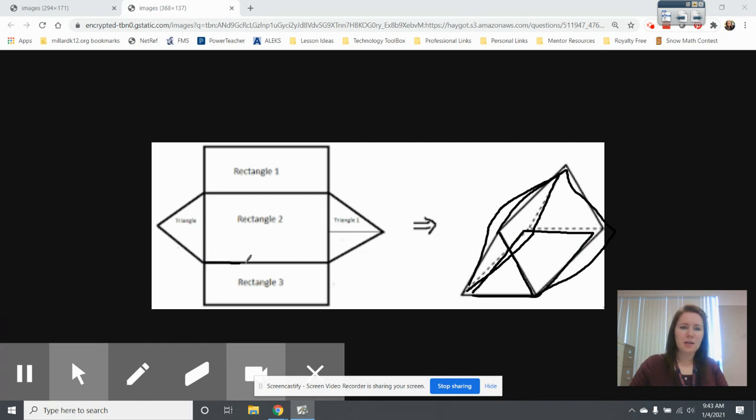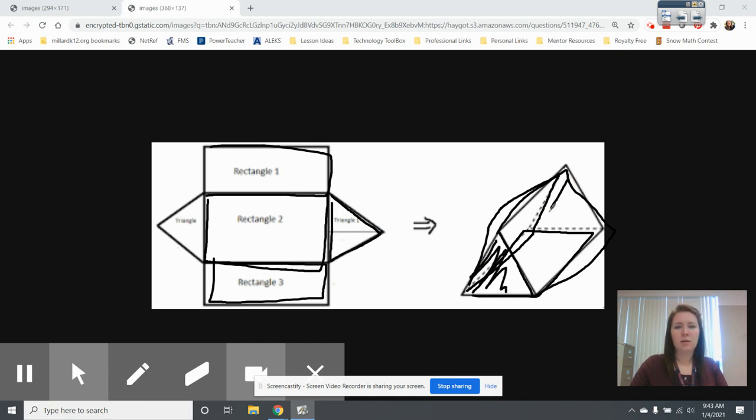And here we can see a side, and here's the bottom. So we would find the area of each of these rectangles, and we would find the area of the triangle here and the triangle here. Wow, that drawing is terrible. Then you would just add all of those areas together to find the surface area of this prism.